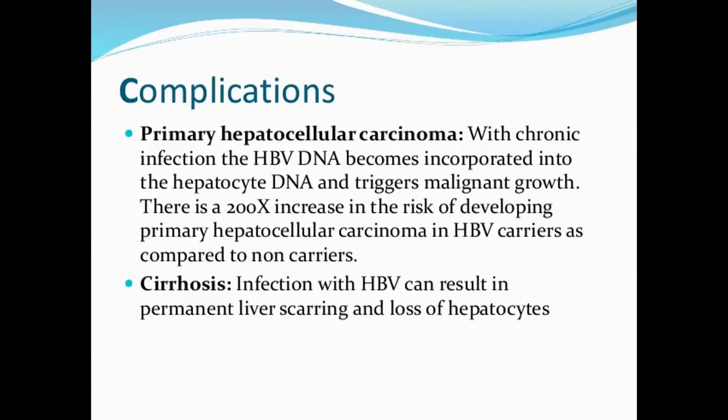So, what will be the complications? Primary hepatocellular carcinoma and cirrhosis. Cirrhosis: infection with the hepatitis B virus results in permanent liver scarring and loss of hepatocytes. In primary hepatocellular carcinoma with chronic infection, the hepatitis B virus DNA becomes incorporated into the hepatocyte DNA and triggers malignant growth.